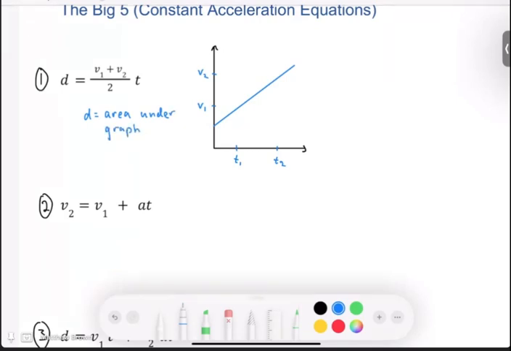The way you would take that is, I need to get the area between t1 and t2, all this area here. A nice way to do that is to say, okay, I'll just take the average velocity between these two, and that works out to be the same area here.